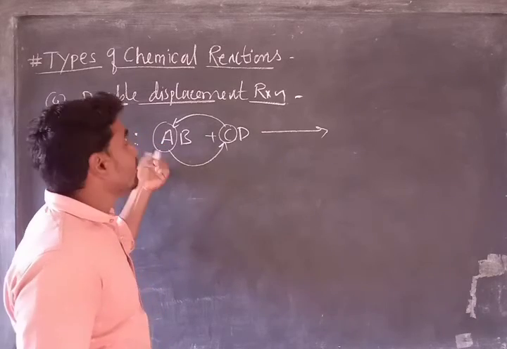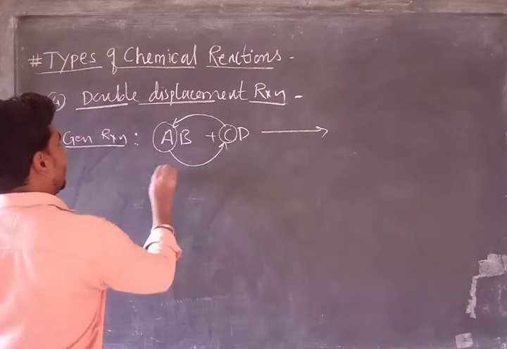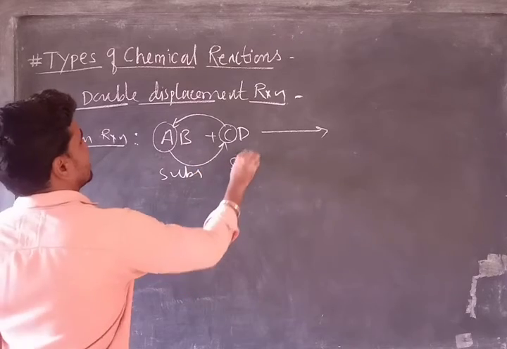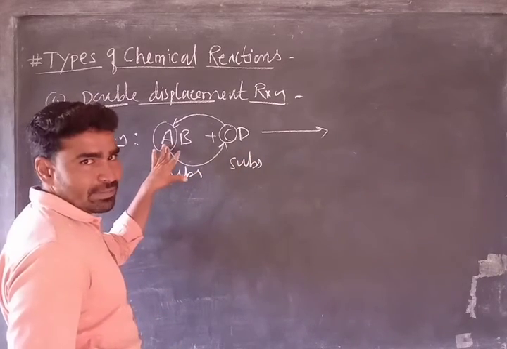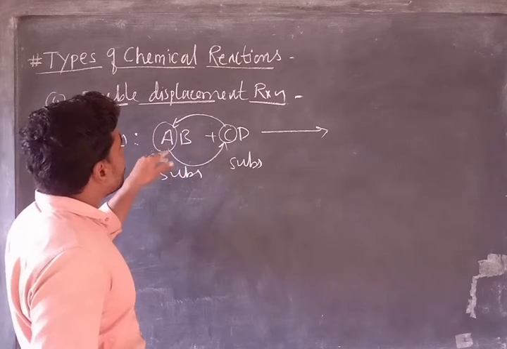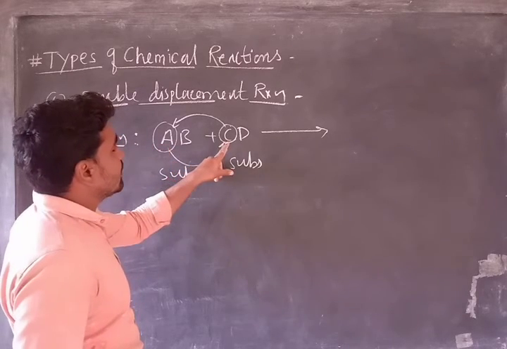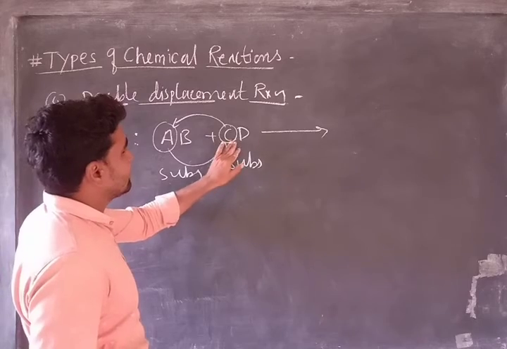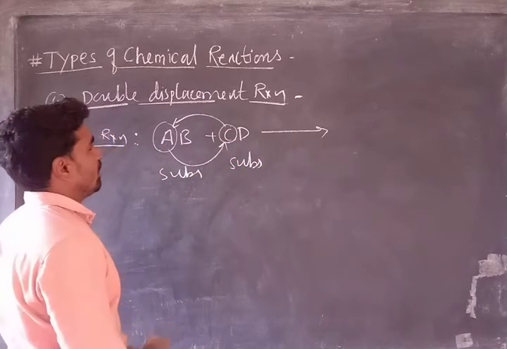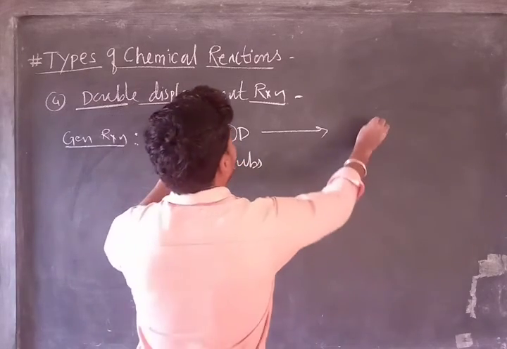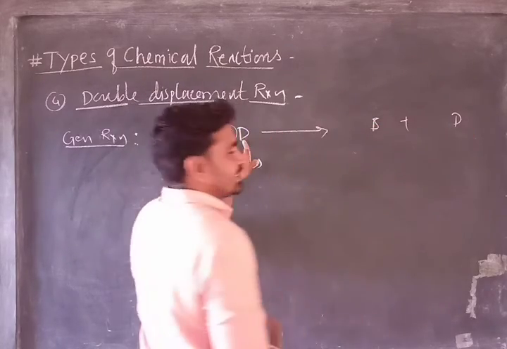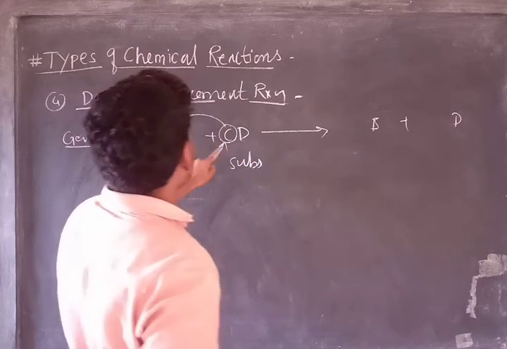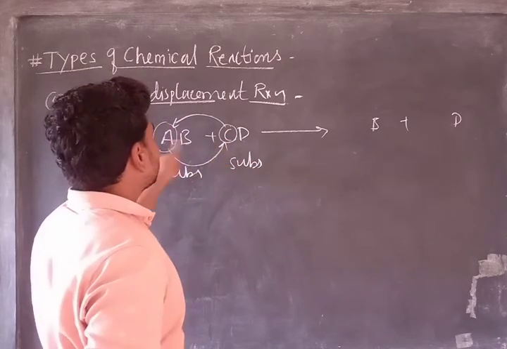The A element from the substance AB, which is made up of A and B elements, will displace C from the other substance, and C will displace A. So what will it form? B will remain in its position as it is, and D will remain as it is in its position.